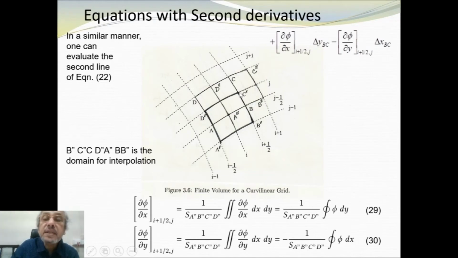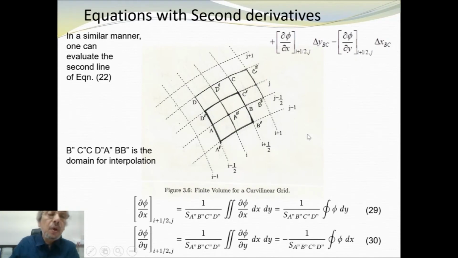Del phi del x at this point will be multiplied by delta y bc, that means the vertical distance between b and c, and del phi del y, having evaluated that, will be multiplied by delta x bc, that is the horizontal distance between c and b.